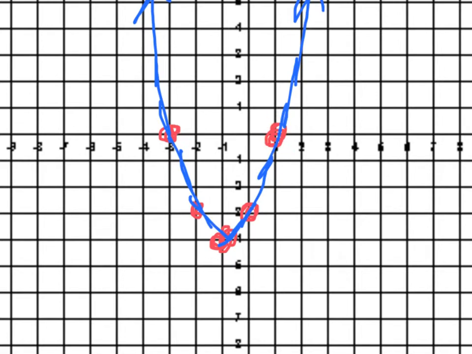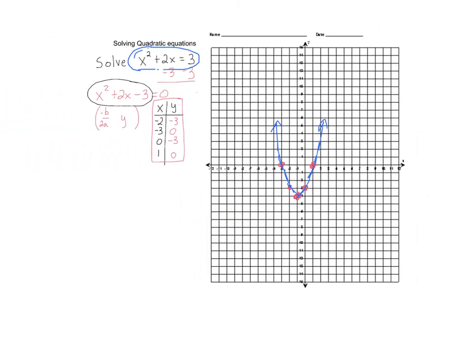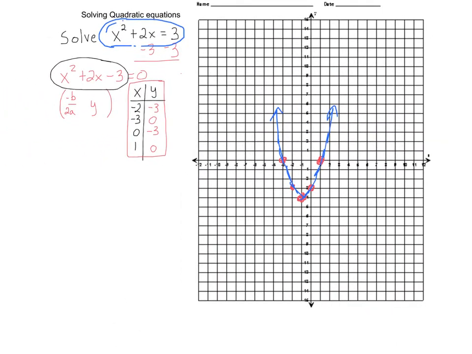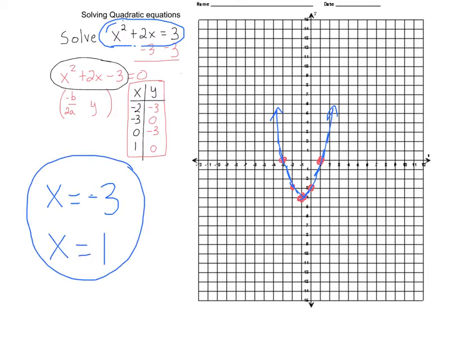And so in this case, there are 2 solutions. Okay? There are two solutions. Okay, so x equals -3 is a solution, and x equals +1 is a solution. So I've got two solutions to my quadratic equation.